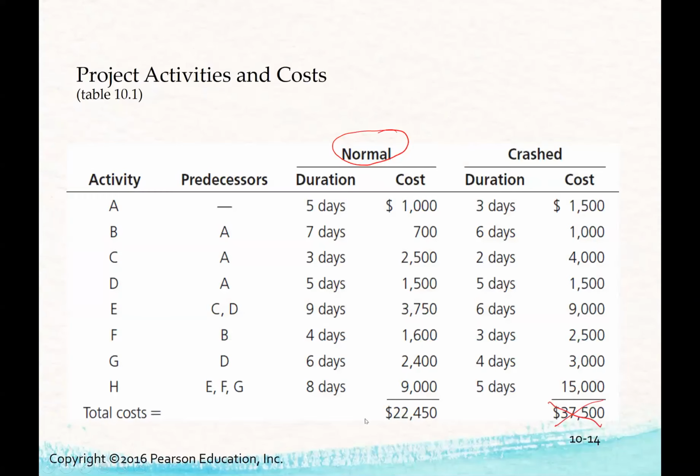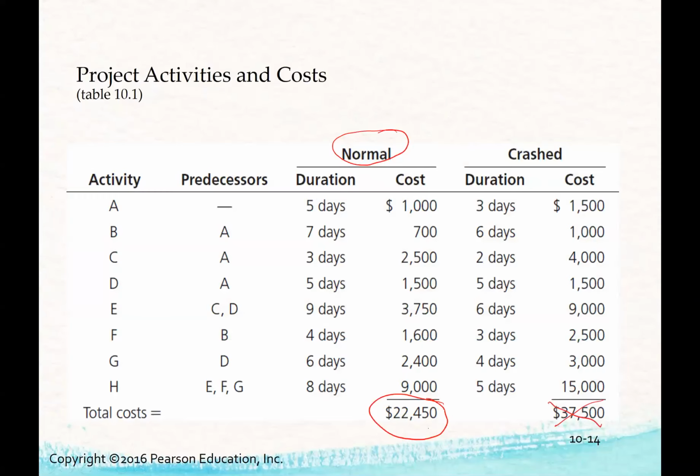And the cost is still going to be the cost regardless of what we've done. So we're still going to have our normal cost for all of these activities. So our project is still going to be $22,450 plus whatever our crash cost is.